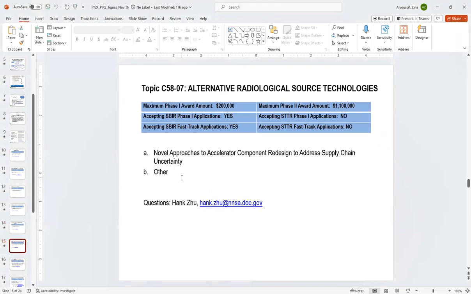Okay, yeah, so the next topic is about alternative radiological source technologies. This topic primarily supports the needs of the NNSA Office of Radiological Security. So again, we have clear target stakeholders for this particular topic.